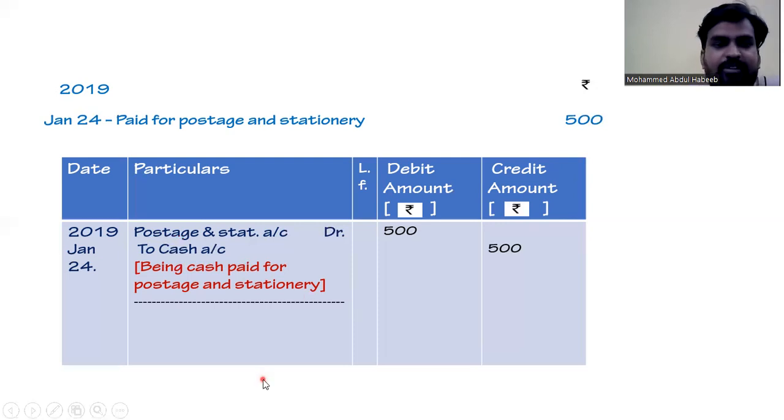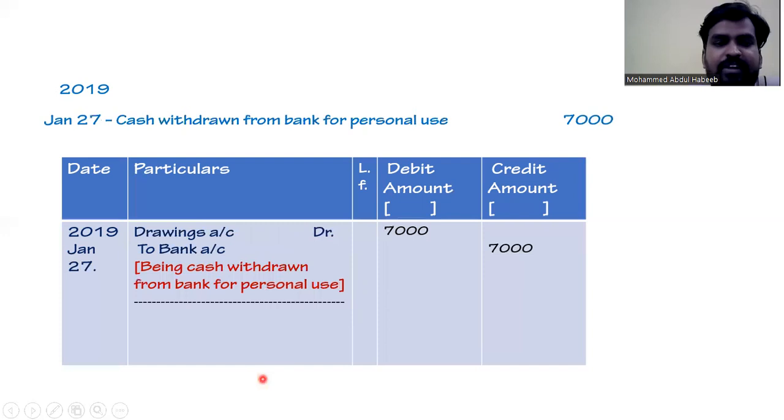Coming to the next transaction, 2019 January 27, cash withdrawn from bank for personal use rupees 7,000. So here the date will be taken as 2019 January 27. Owner of a business can withdraw either cash from his business or goods from his business for his personal use. Personal use in the sense the owner is utilizing the amount or goods withdrawn from the business for his personal use, not for business purpose. So here the owner is withdrawing cash from the business.